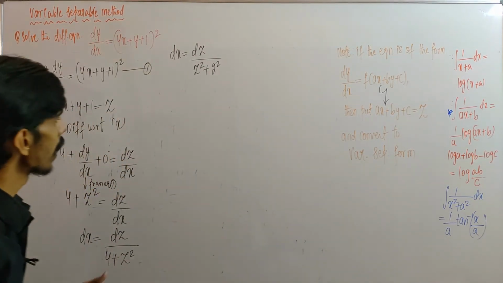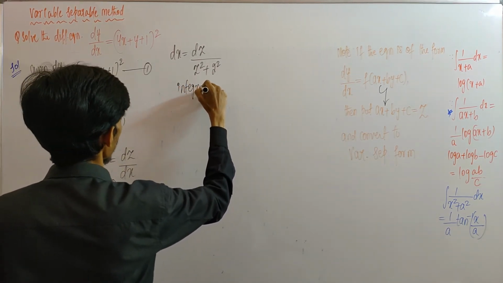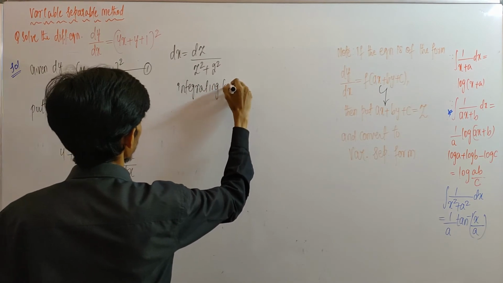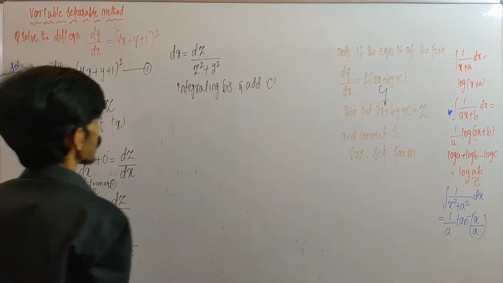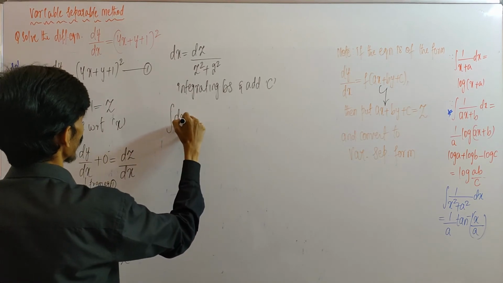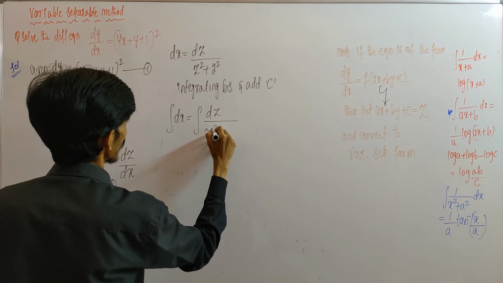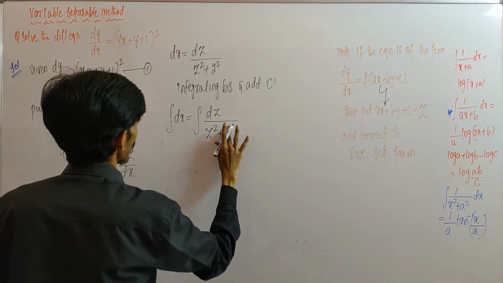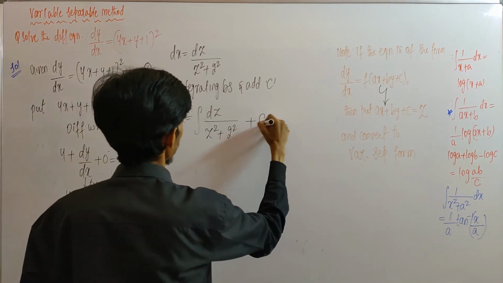Step 1 is over. Now integrating is the next step. So integrating both sides, adding constant c. So here I have integration dx is equal to integration dz by z square plus 2 square plus constant c.